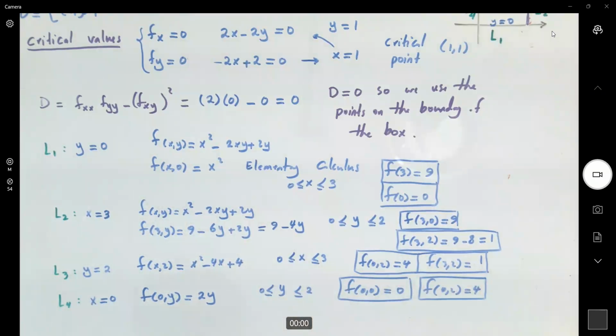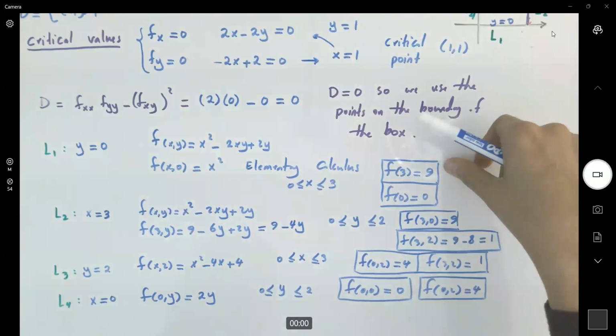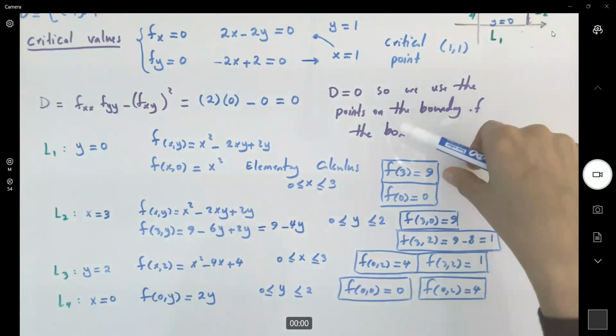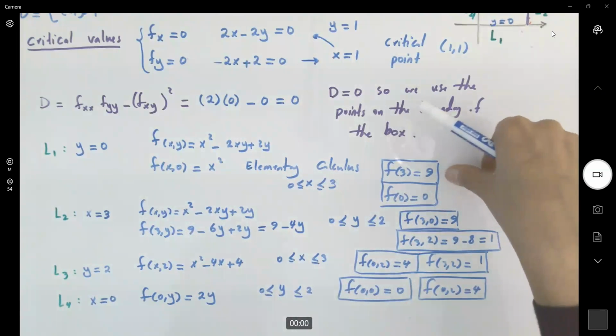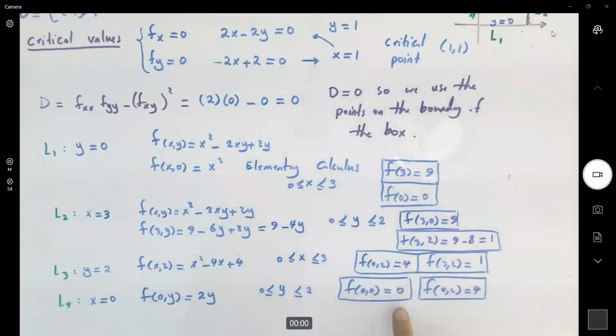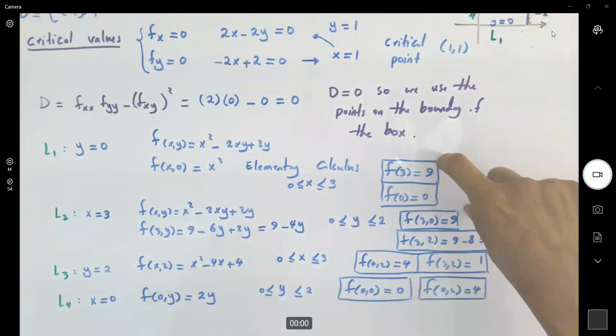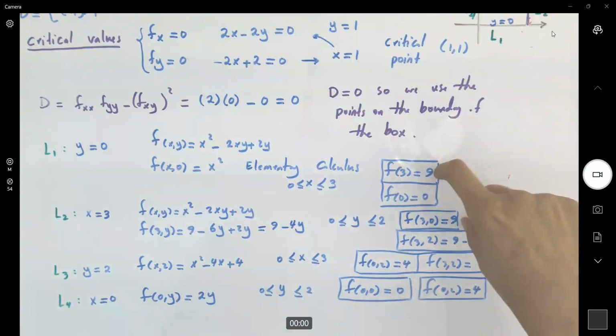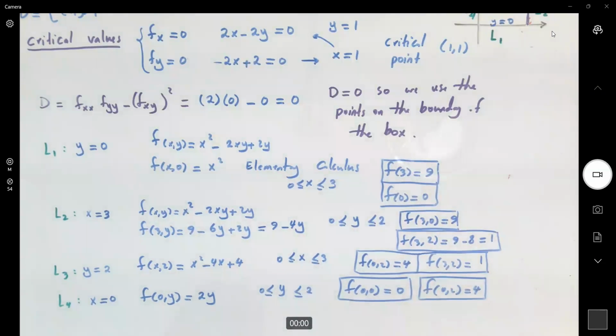So what is our maximum? What is our minimum? The maximum value seems to be 9, all right? And the minimum value seems to be 0. So the absolute maximum is 9, and the absolute minimum is 0.